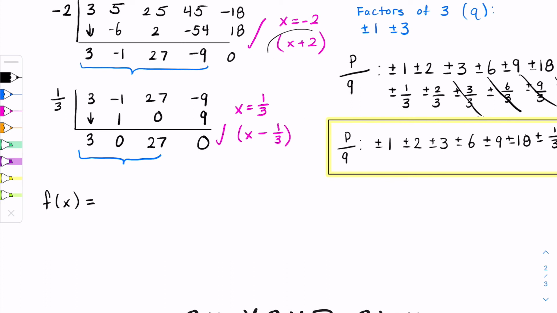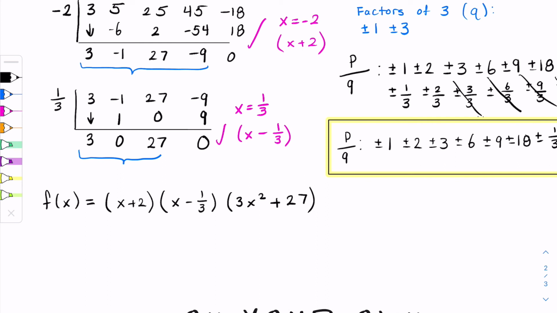So f of x is equal to our first factor of x plus 2, our second factor of x minus 1/3, and our last factor, which is the depressed polynomial left in the synthetic division, 3x squared plus 0x, which I'm not going to write, plus 27.